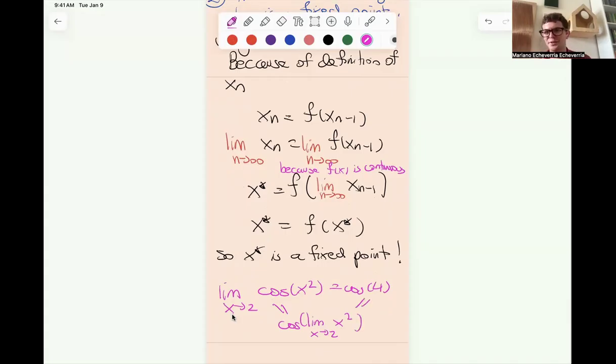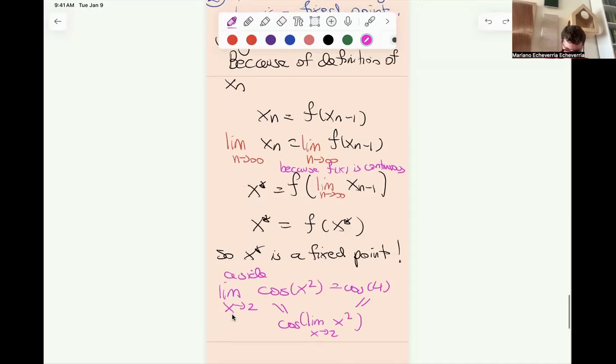But that is literally what you're doing, moving the limit inside the function. And whenever you can do that, that is precisely the definition of a continuous function. So I'll put this as an aside, just to illustrate that fact. It has nothing to do with the proof of what I'm discussing. It's just to illustrate how continuity works.